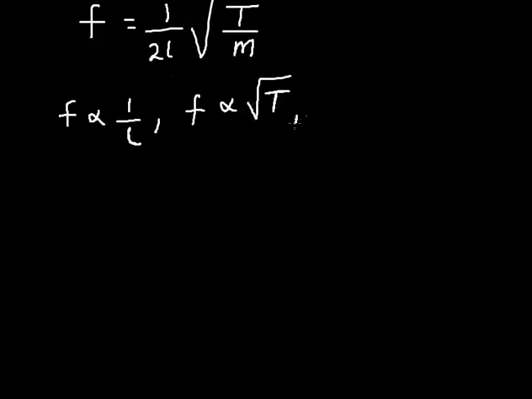But the frequency is inversely proportional to the square root of the mass of the string. That means tiny strings with a small mass have higher frequency, while large strings with large mass have a lower frequency.